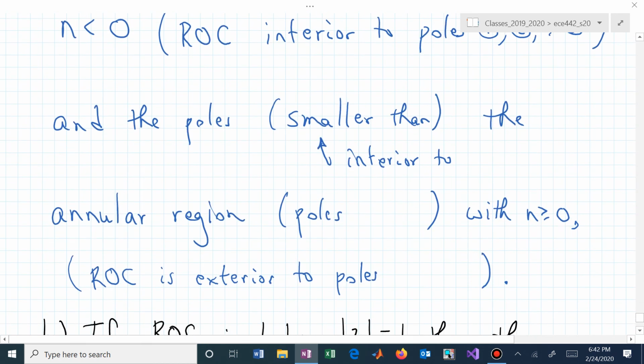So now we have poles 3 and 4, and those now correspond with n greater than or equal to 0. Or the region of convergence is exterior to poles 3 and 4.